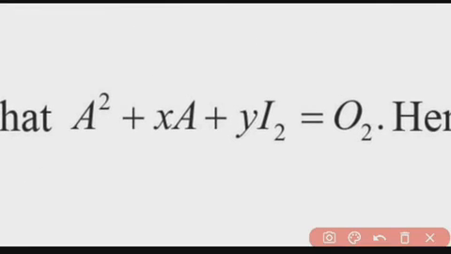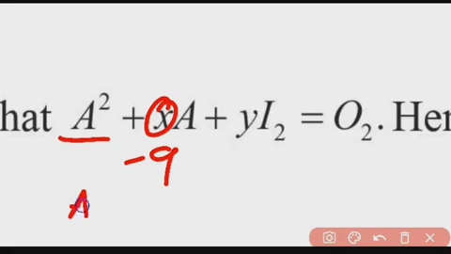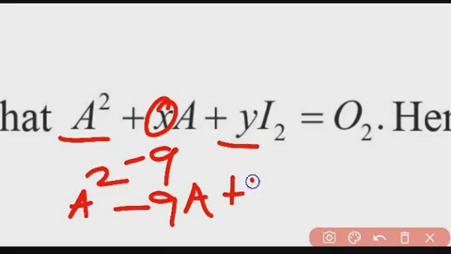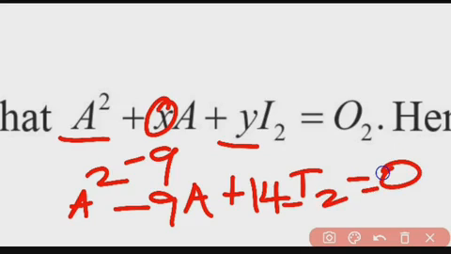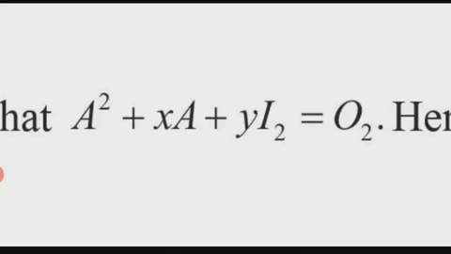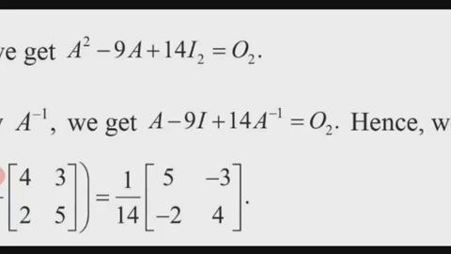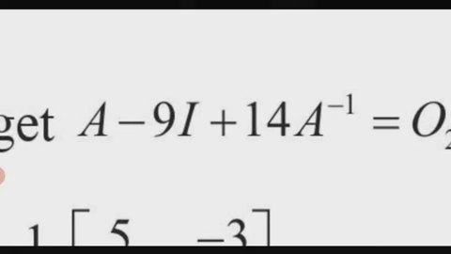So A square plus x value is minus 9, so A square minus 9A plus y value 14 into I2 equal to O2, the 0 matrix. So therefore we get the equation A minus 9I plus 14 A inverse equal to O2. So from this we are going to find the A inverse value.